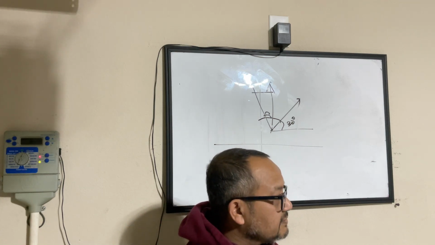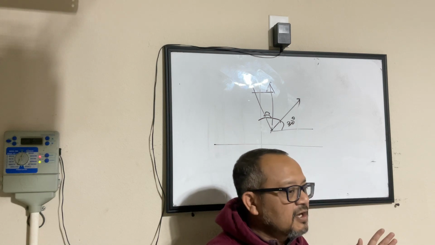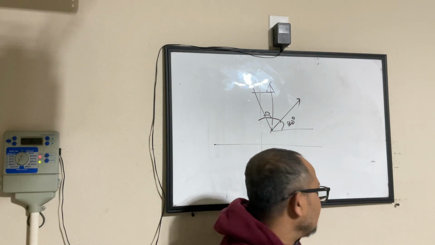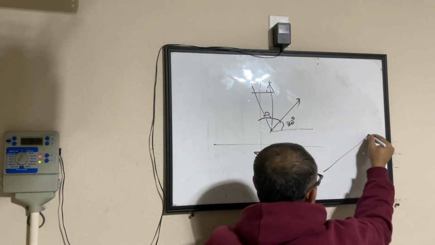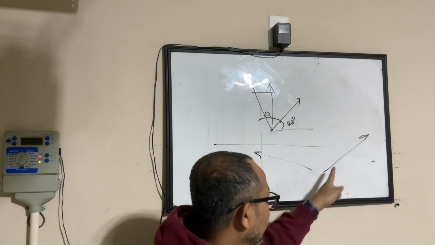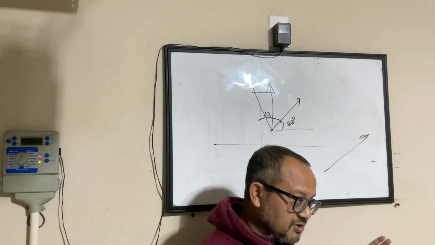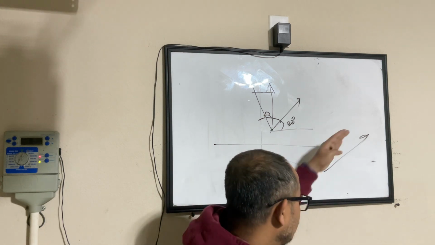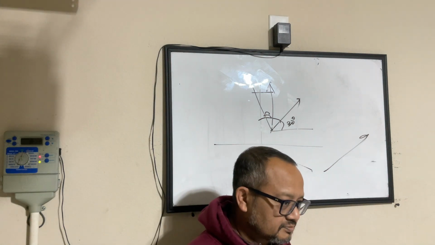But the underlying concept will remain the same, no matter what the angle is. Your x and y component will help you determine the direction and the magnitude, or vice versa. The magnitude and direction will help you determine the x and y component.